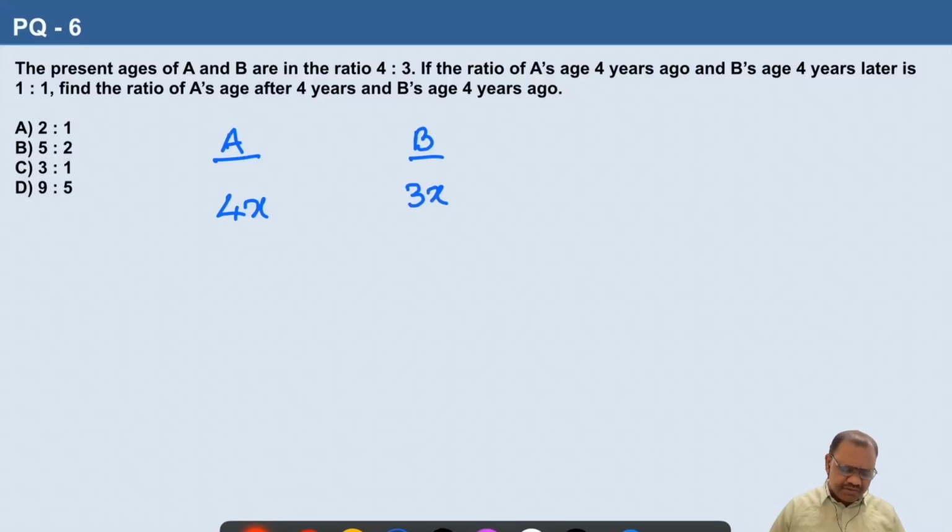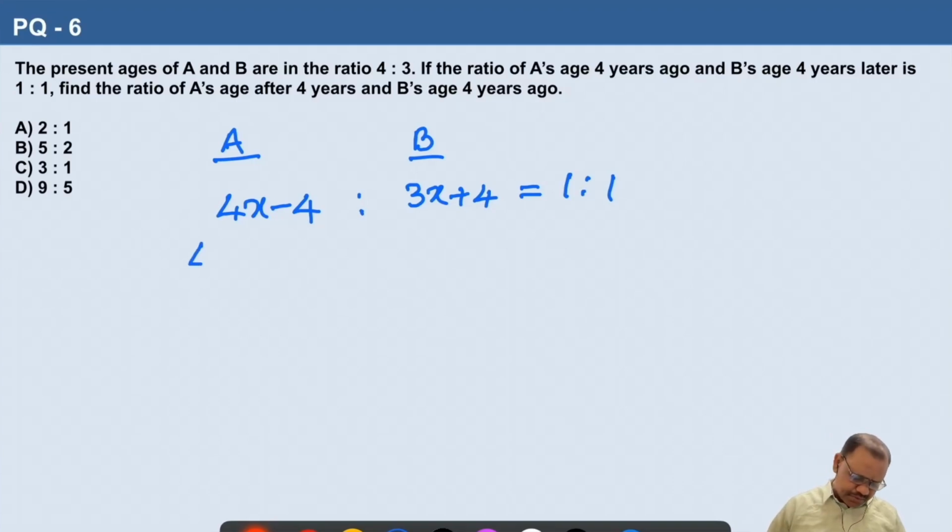If the ratio of A's age 4 years ago and B's age 4 years later, A's age 4 years ago minus 4 and B's age 4 years later plus 4 is 1 is to 1. The ratio is 1 is to 1. So that means their ages are equal. If the ratio is 1 is to 1, both are equal.